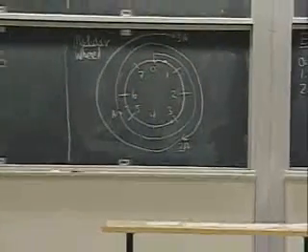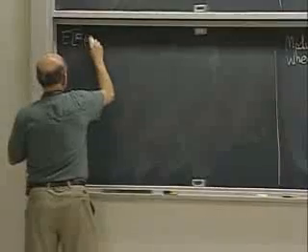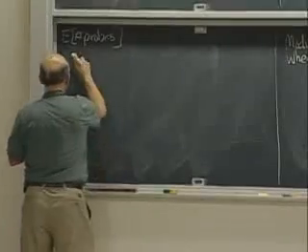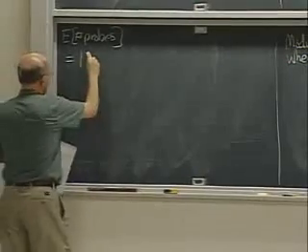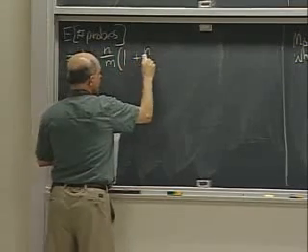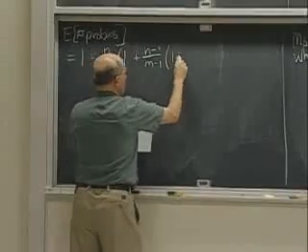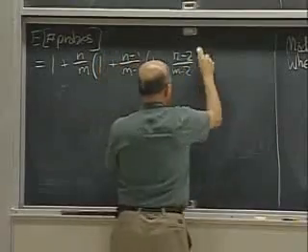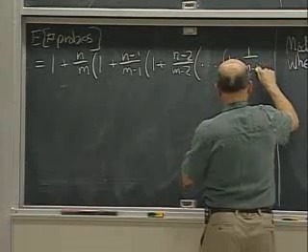So the expected number of probes is then going to be equal to 1, which is forced, because we've got to do one probe, plus, with probability n over m, I have to do another probe, plus with probability n minus 1 over m minus 1, I have to do another probe, up until I do 1 plus 1 over m minus n.